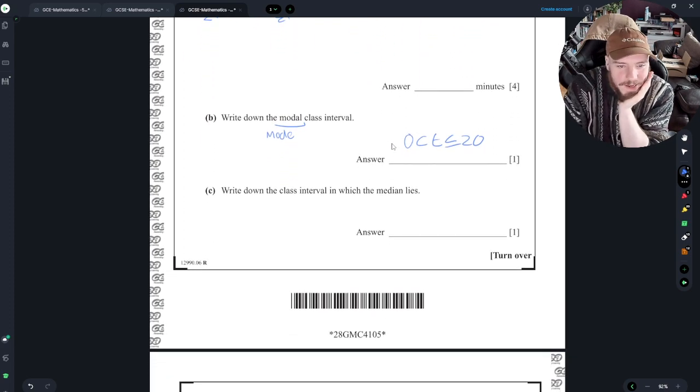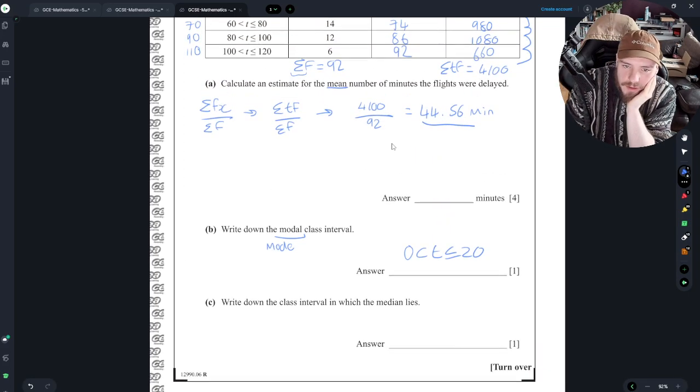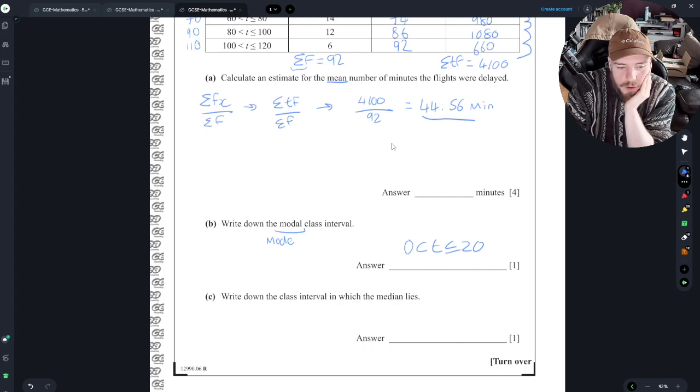So write down the class interval in which the median lies. If you're unsure of how to find it, the median is equal to n plus 1 divided by 2, and we'll be looking at our cumulative frequency column.